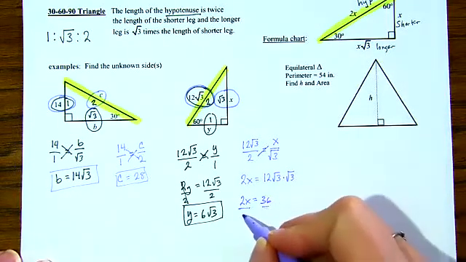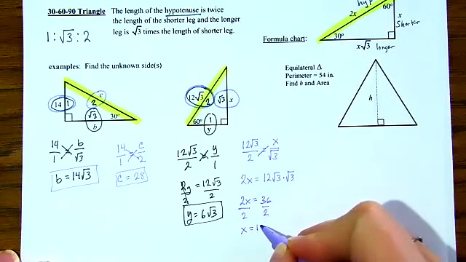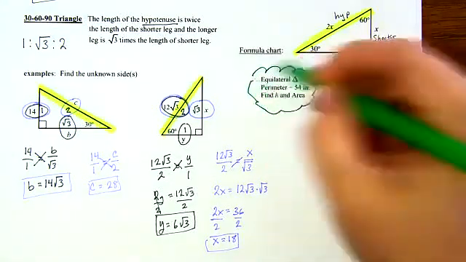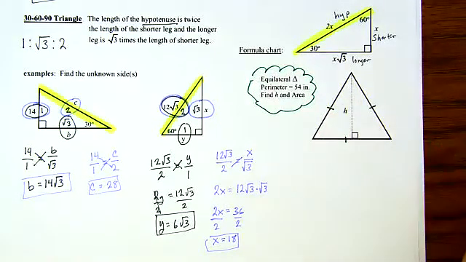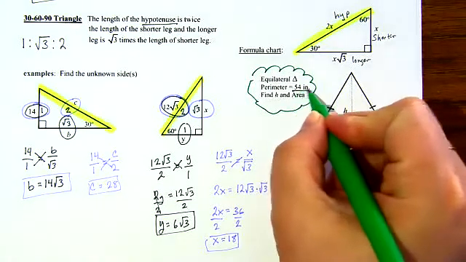Divide both sides by 2, and x equals 18. Giving us the information that this is an equilateral triangle, which means that this side and the whole bottom are all the same length. They're also telling us that the perimeter is 54 inches.